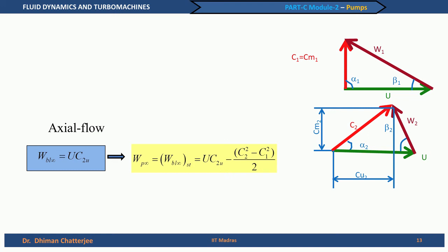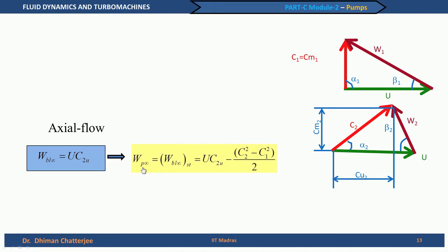We have already discussed, while discussing the degree of reaction, that a portion of the energy is used to increase the pressure in the pump and the other part goes for the dynamic head. So, W_p infinity is my way of saying that we are talking about the component of energy transfer which goes into the pressure. P signifies the pressure, and infinity reminds us that we are restricting ourselves to vane congruent, ideal, lossless flow.